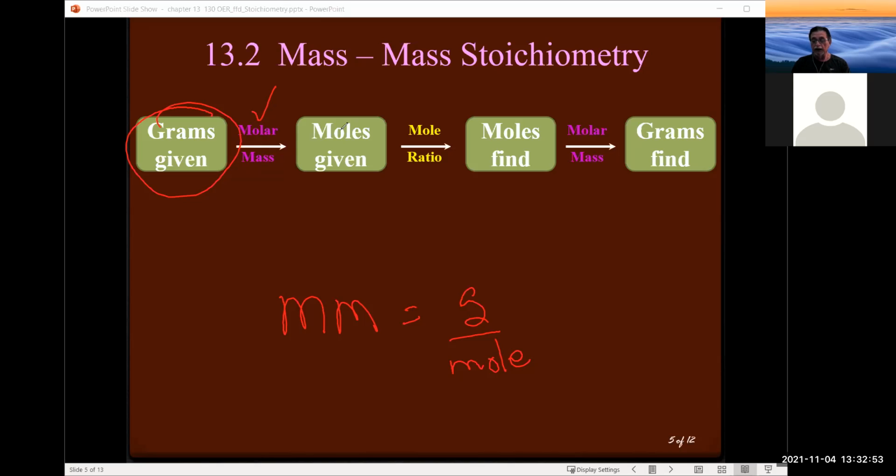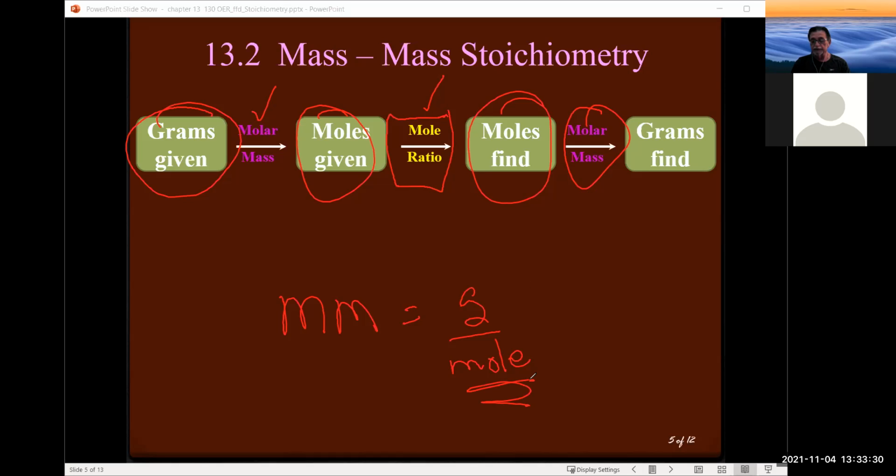Once I do that, I now have the moles given. That's what I'm given in the problem. From the balanced chemical equation, that mole ratio, now we can determine the moles that we're looking for, what the question asks for. And once we write the correct chemical formula, which recall, we did that before, remember, we have to write the formula first. And then once we write the formula, we can calculate the molar mass.